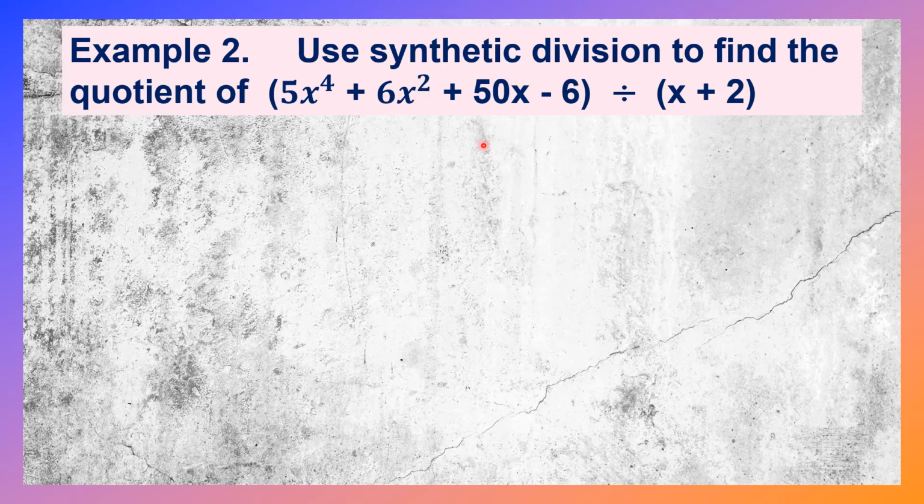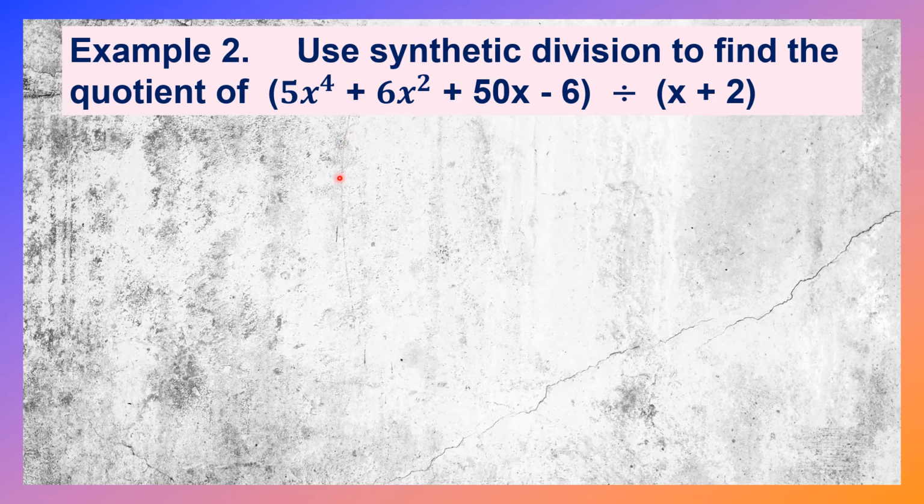So it is arranged in descending powers. But as you can see, there's a missing term, which is the power of 3. Because 4, then 2, so nawawala yung ating exponent na 3. Therefore, for any missing term, we are going to insert 0 coefficient.